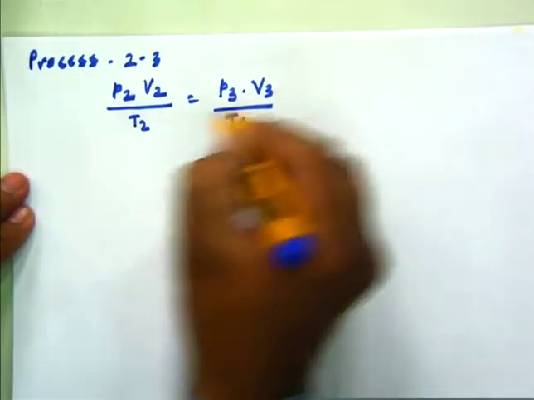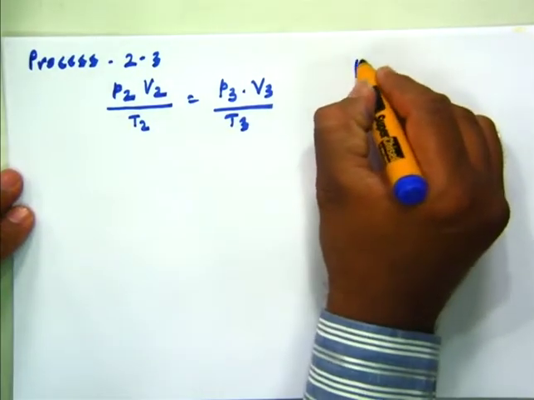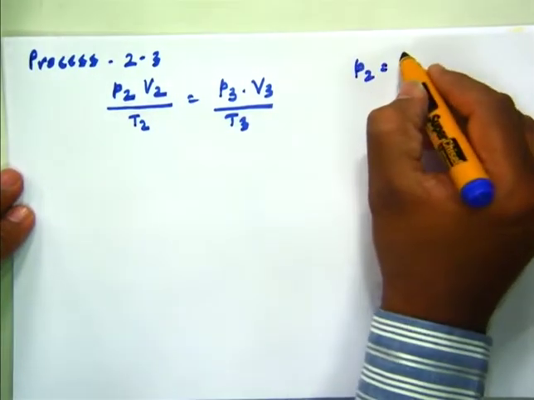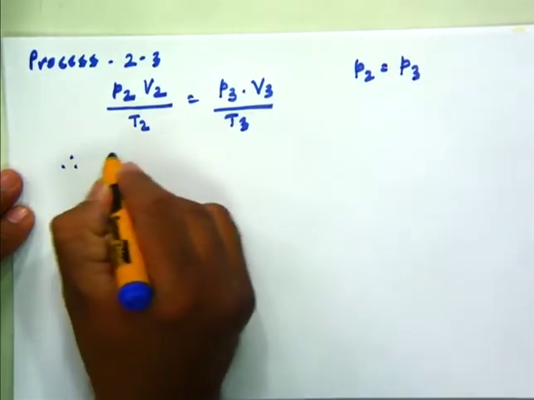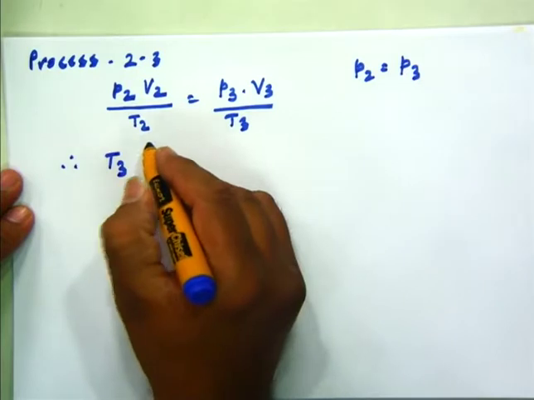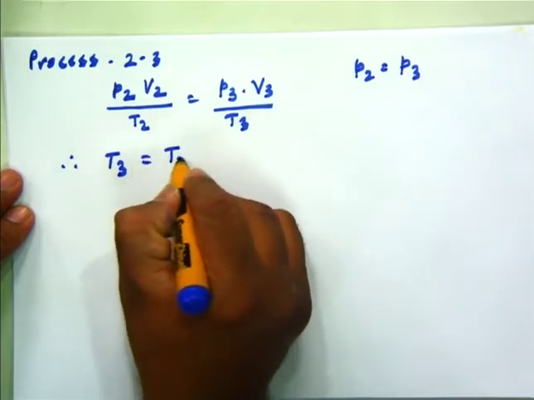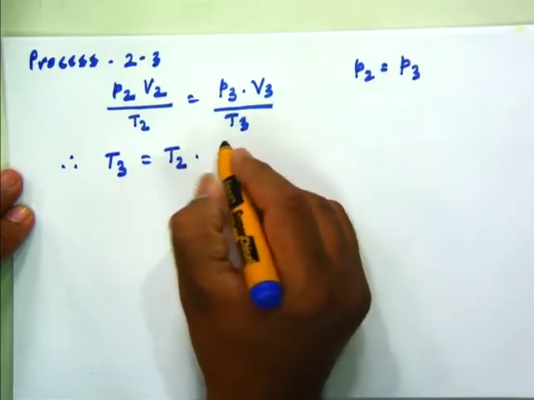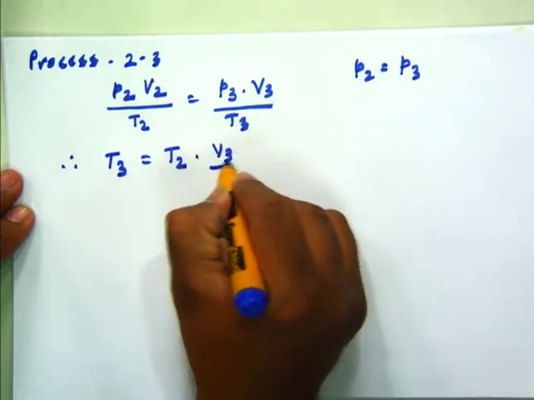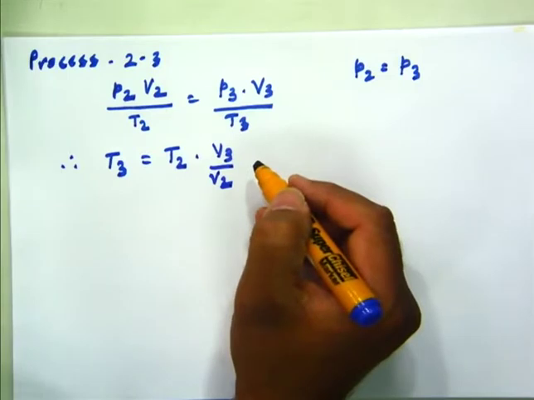But P2 is equal to P3. So you can write T3 is equal to T2 into V3 by V2.